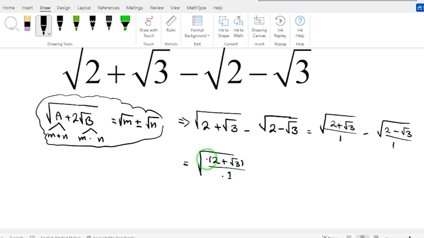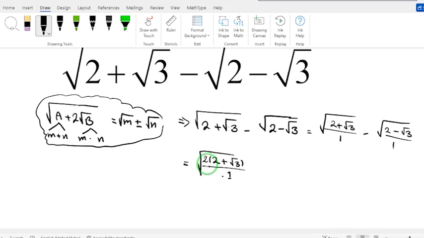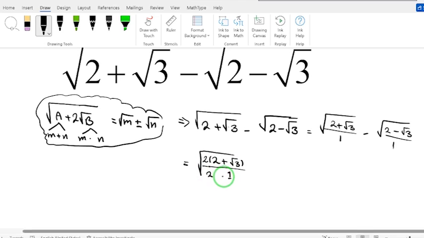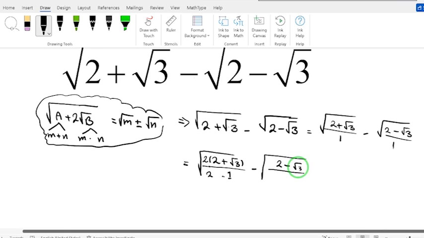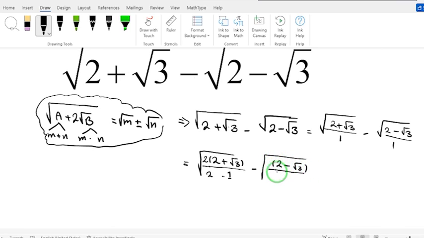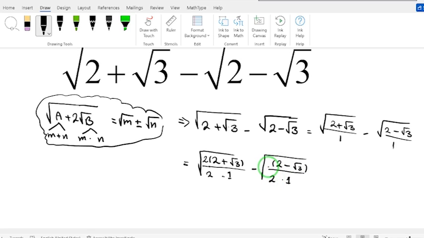We multiply both numerator and denominator by 2. Here also write a 2, and here also write a 2, minus the square root of 2 minus square root of 3 over 1. We multiply both denominator and numerator by 2.